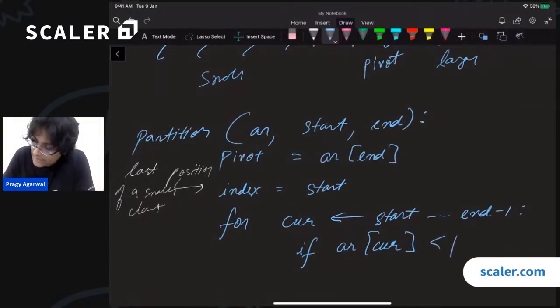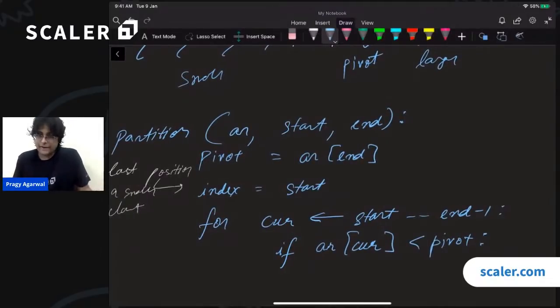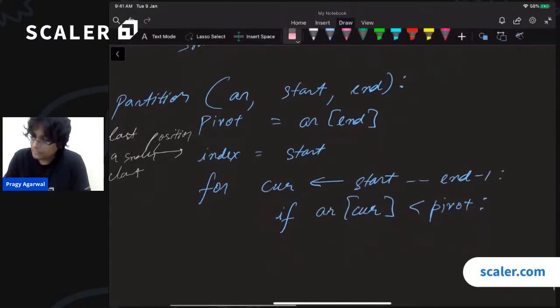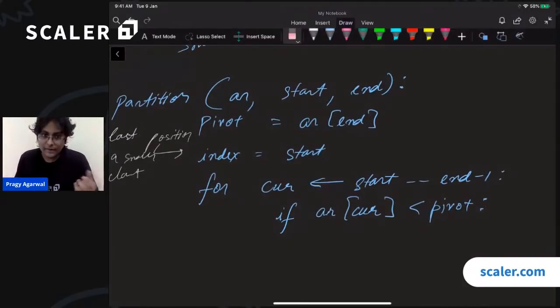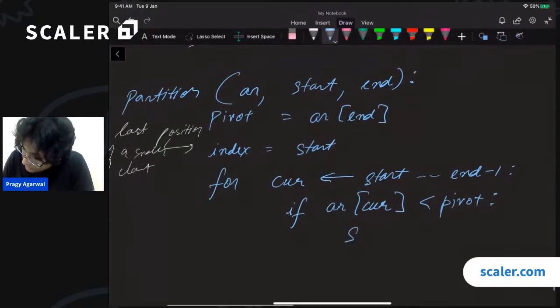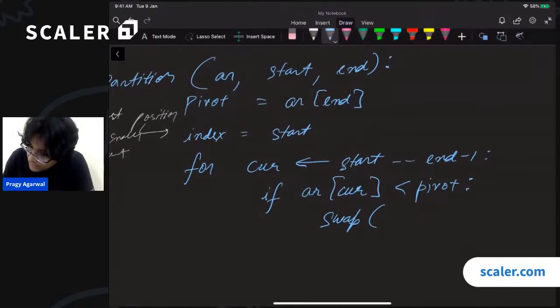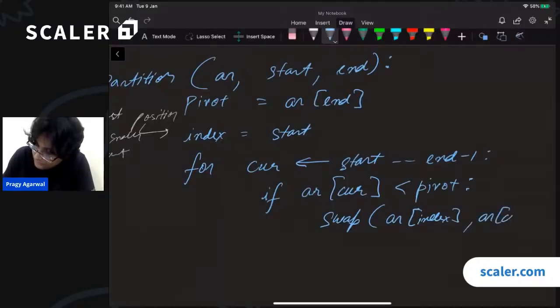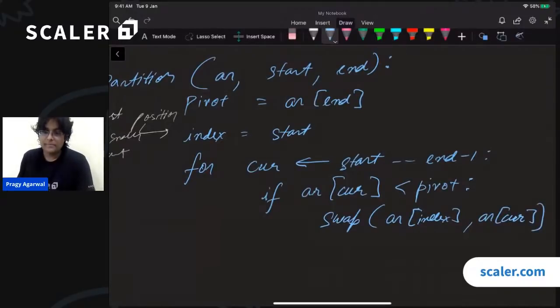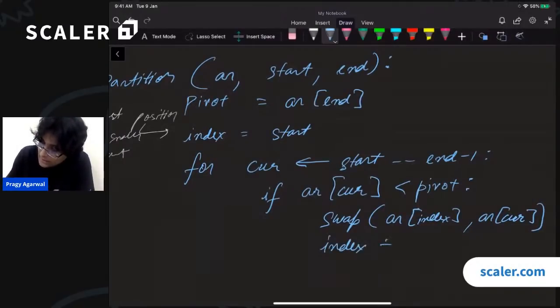So I will check if this is lesser than the pivot. If it is lesser than the pivot, then what I need to do is swap AR of index with AR of current, and then index plus equals 1.